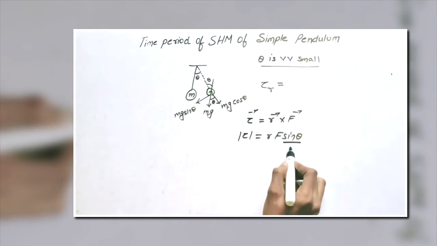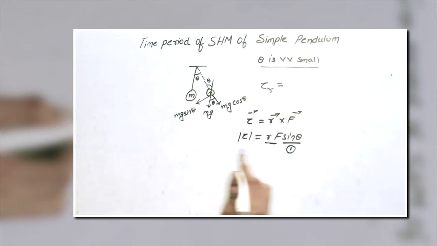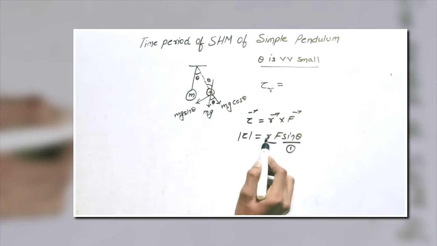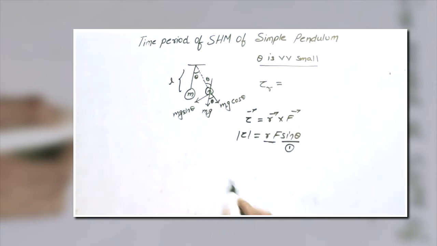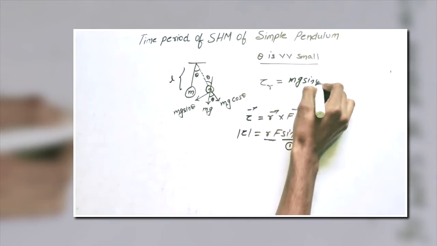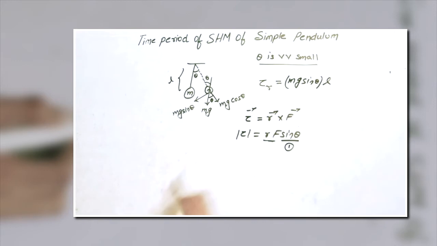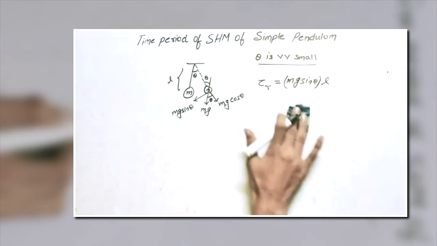Sine of 90 is 1, so you will have r into F. Your force is mg sin theta, and your r is this length L. So we can write mg sin theta into L. This is your knowledge from rotational motion.